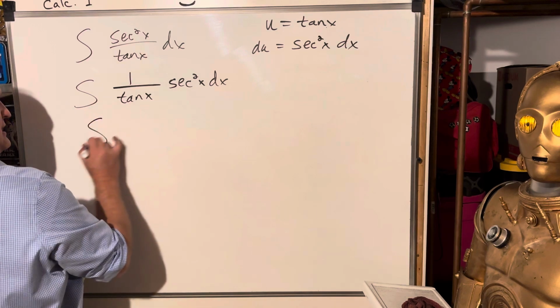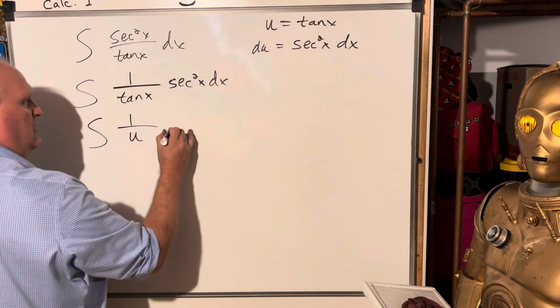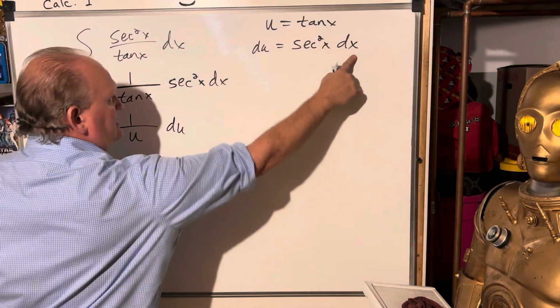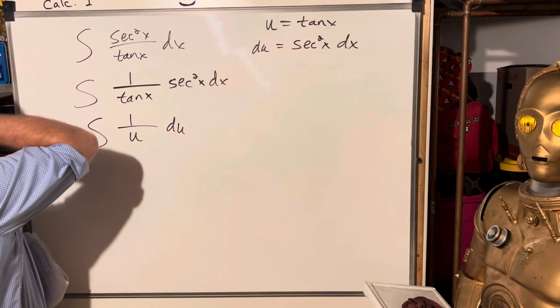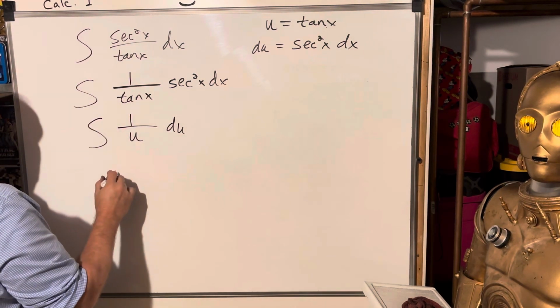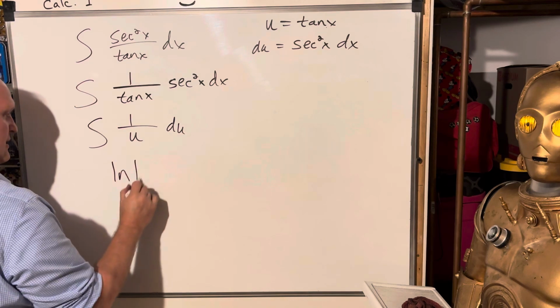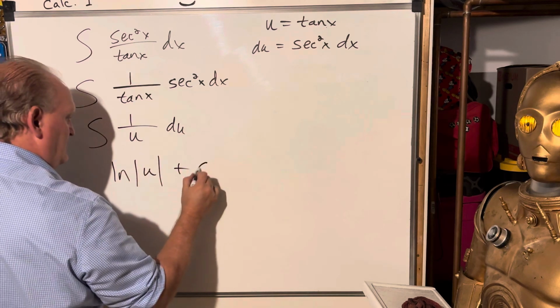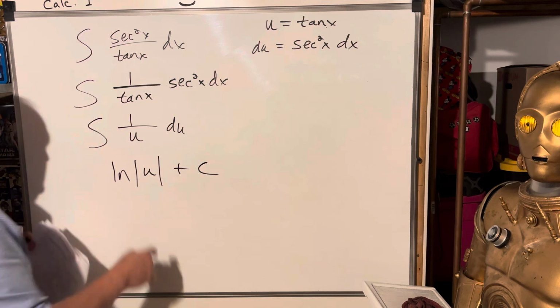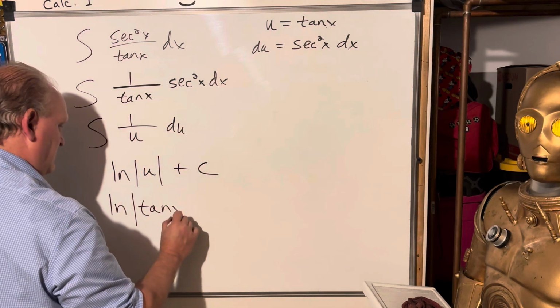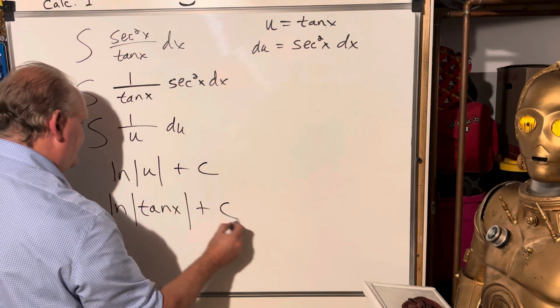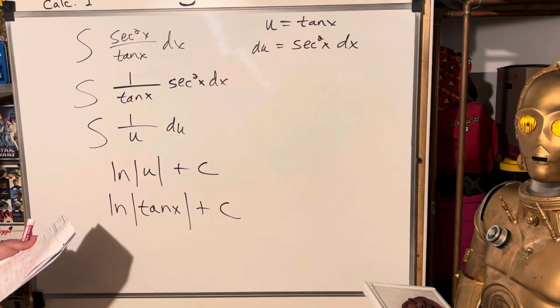So we can say 1 over u du, right? That is exactly du. I didn't have to divide or multiply or nothing. And so we're looking at ln u plus c, and then we're going to put in the tan x. Don't forget to put back in terms of x. And that was a quickie.